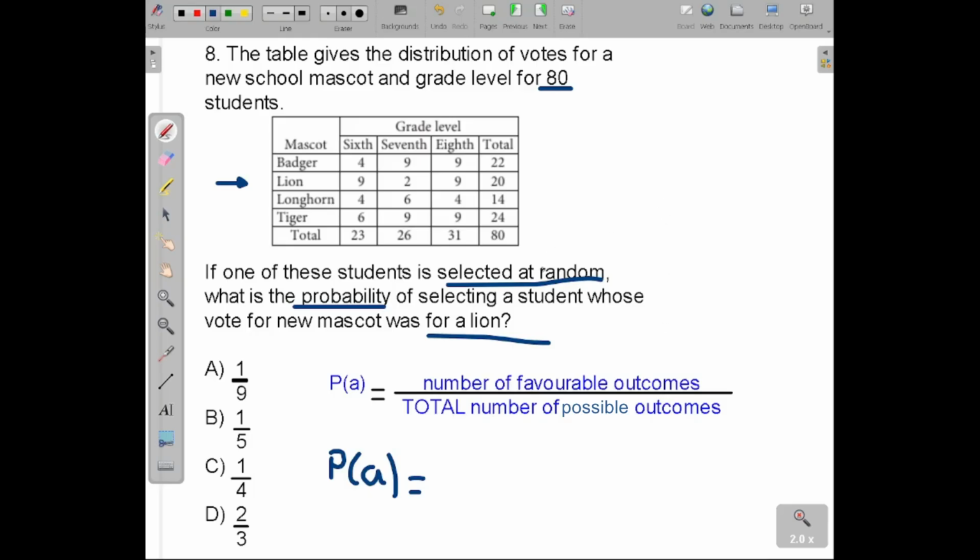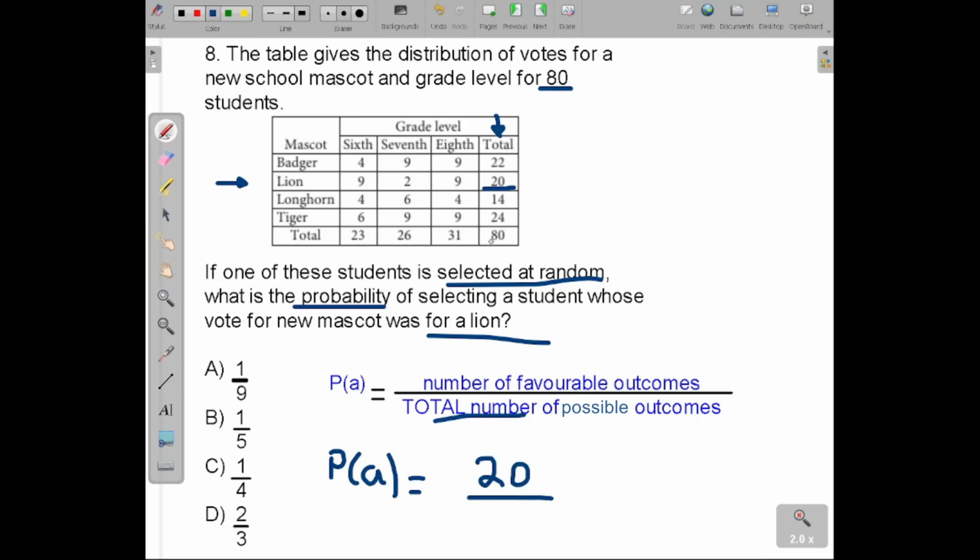So for this case, the number of favorable outcomes is all the students that want the mascot to be a lion, which is in this column total under row lion. So it's 20, divided by the total number of possible outcomes.